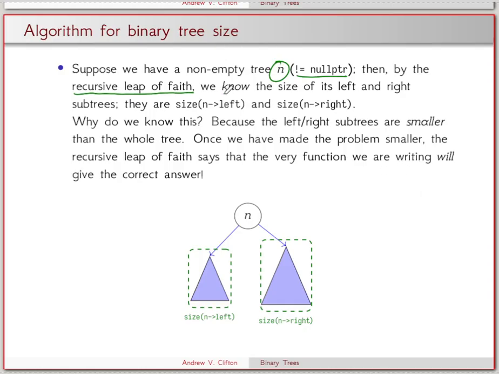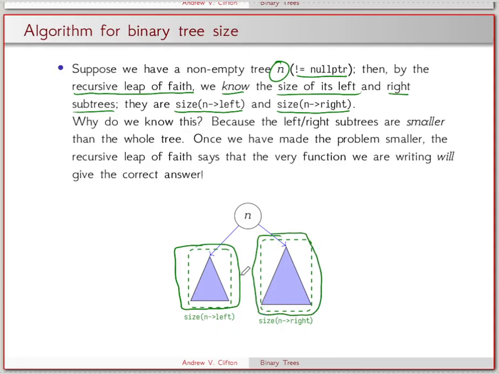We know what the size of its left and right subtrees are. When I call the size function that I'm writing on the left subtree or on the right subtree, those are guaranteed to give me the correct answer. They will tell me there's this much stuff in the left subtree, or this much stuff in the right subtree. Magical recursion fairies will make those versions of the function work correctly.